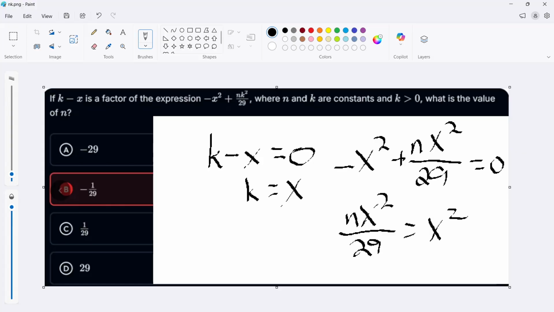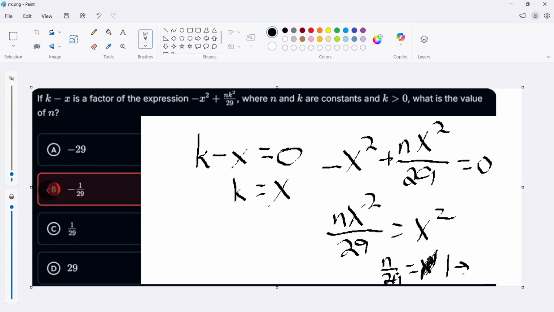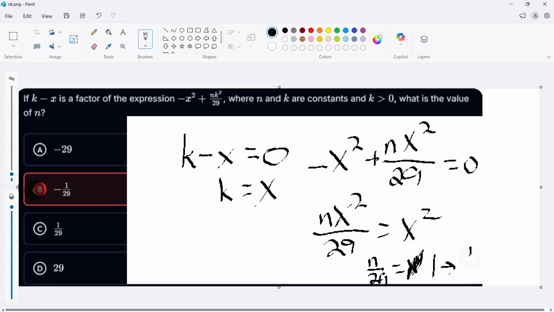I will divide both sides by x squared. n over 29 equals 1. x squared divided by x squared is 1. And therefore, multiply both sides by 29. n equals 29. Bingo.